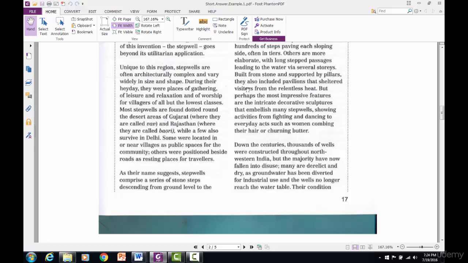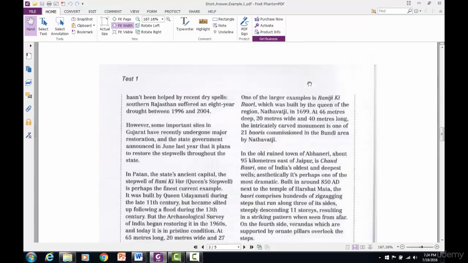And there we have visitors, which is a synonym for people. So our synonym match here is sheltered for shade. The pavilions provided shade, or the pavilions provided shelter. Shelter is a synonym for the word shade in this instance. So that's number 6.